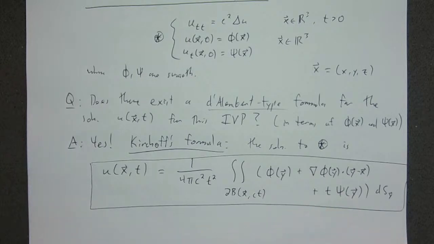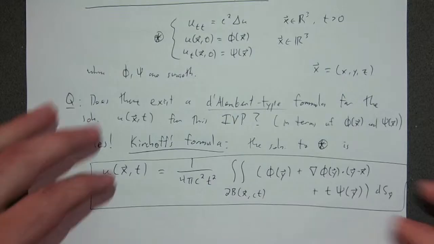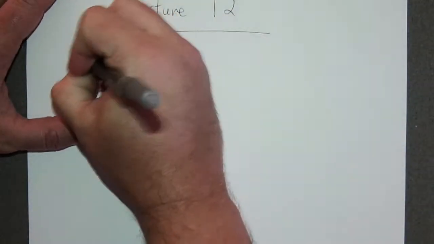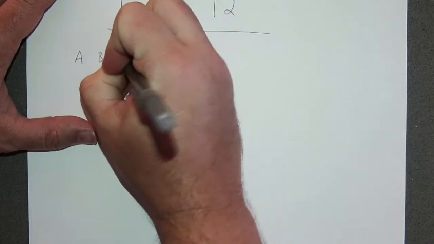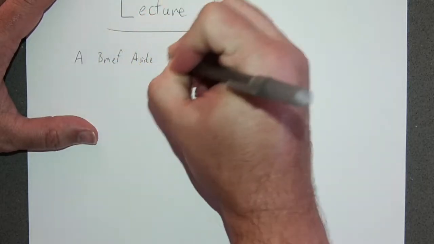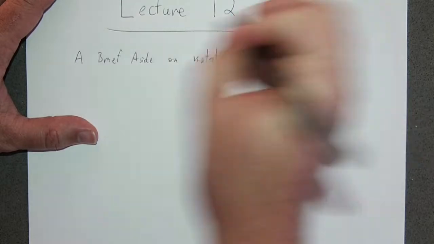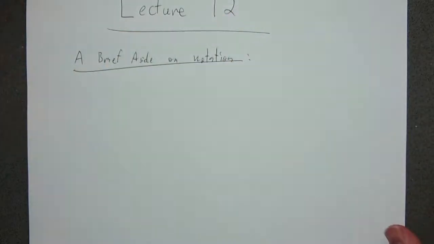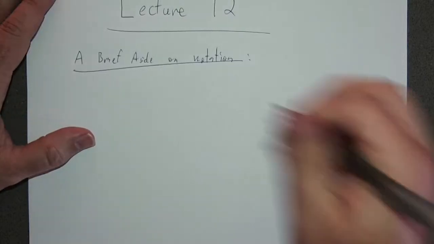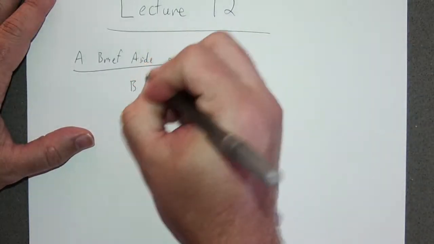Maybe before I go on here, I'm going to do a little bit of notation, just in case you haven't seen it before. So a brief aside about some notation here. What is this thing?